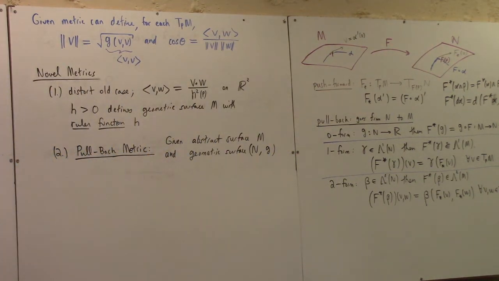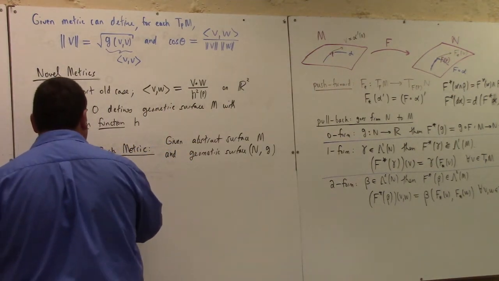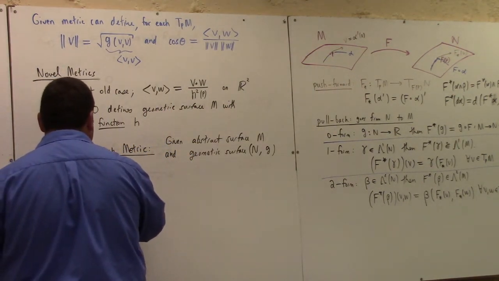We could have said that the geometric surface really was M comma G, meaning that it's the set paired with the metric. That's what makes it a geometric surface. It's not just the set, it's the set paired with the metric that makes it a geometric surface. So N is a geometric surface here. And furthermore, you have a regular map.